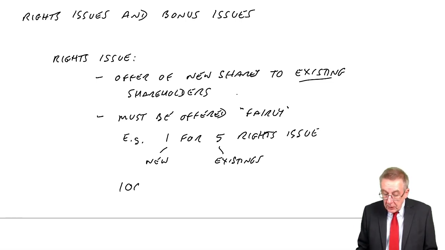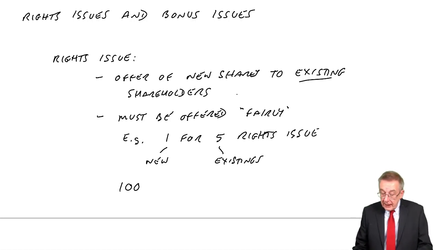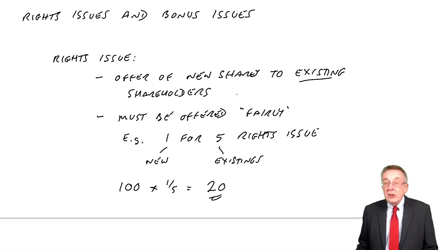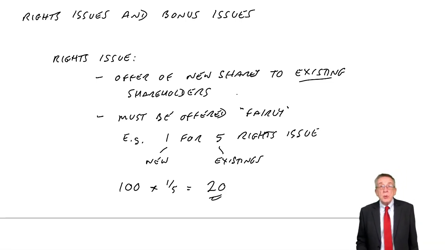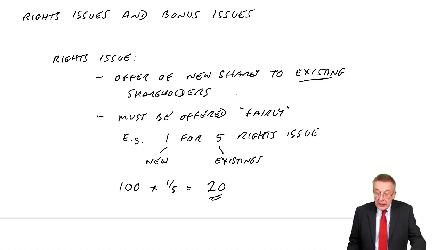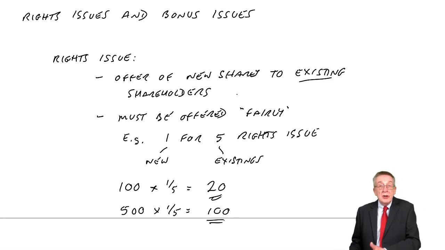So if at the moment you own 100 shares, and it's 1-for-5, you'll get a letter saying you're entitled to buy another 20 shares if you want. On the other hand, if another shareholder currently owns 500 shares, at 1-for-5, they'll get a letter offering them another 100.